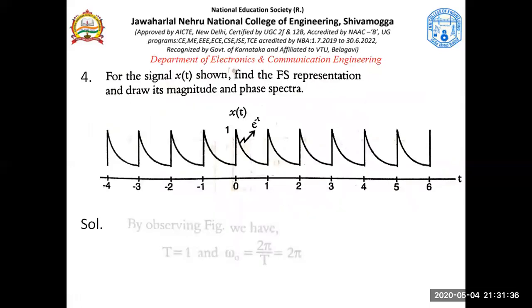But in this problem, we have to extract T seeing this. So here T is 1 and it is ranging from 0 to 1. Whereas in the previous problem, e power minus t was existing from minus 1 to 1, so T was 2 there. T is 1 here. That is the only difference between the previous problem and this problem.